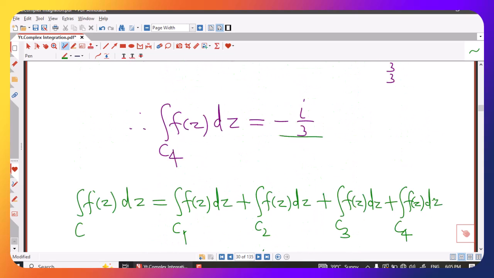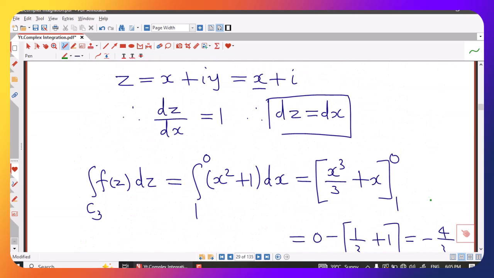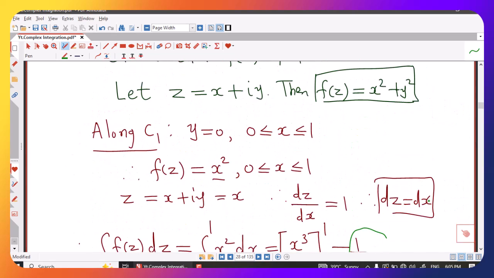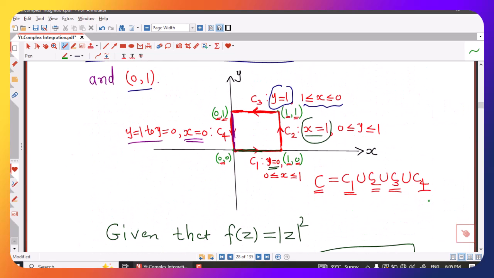So this is a very interesting problem. We have seen that our boundary has different parts, these are different line segments, and each line segment has a different representation. Therefore we integrate along each line segment and then take their sum.